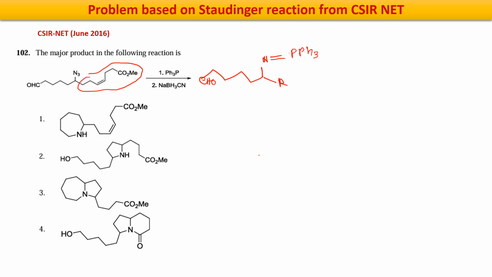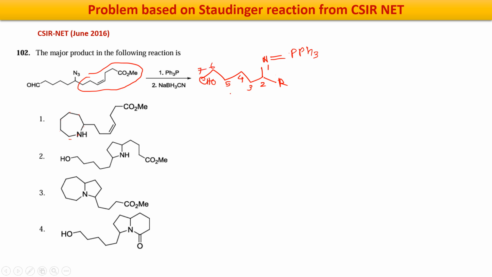So here, as water is not present, there will be no formation of NH2. But what is the connection point? As we know, considering this nitrogen, there will be a 7-member ring formation. 1, 2, 3, 4, 5, 6, 7. So this is 1, 2, 3, 4, 5, 6, 7.